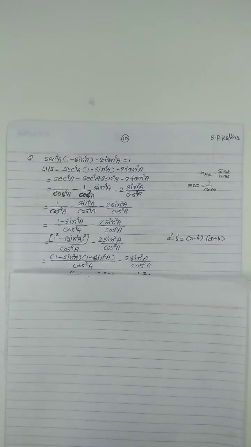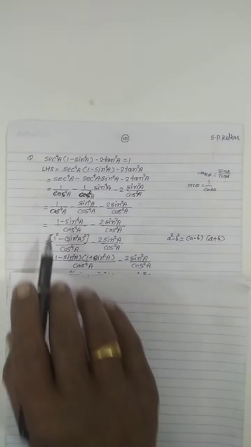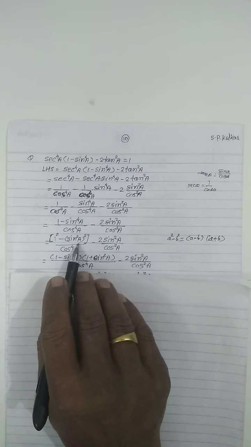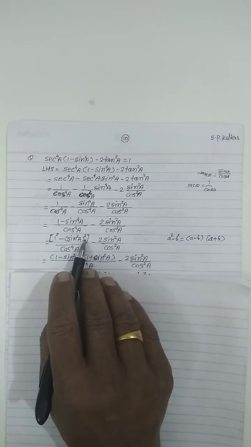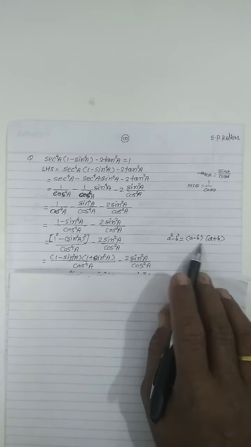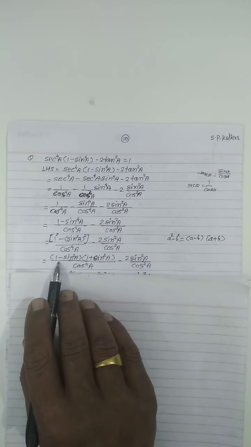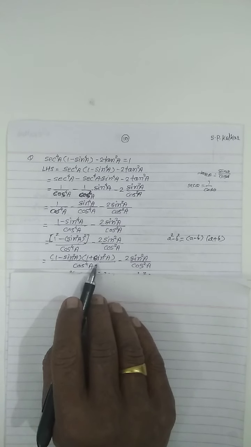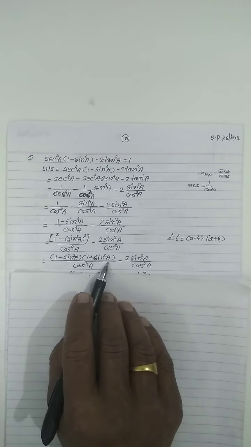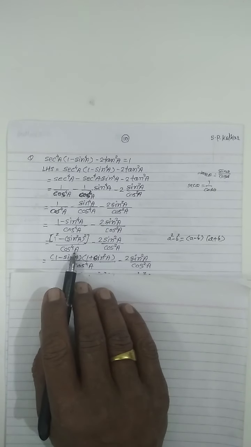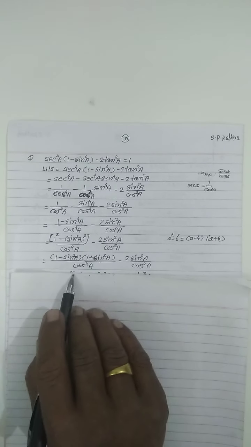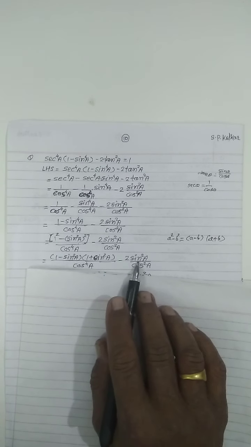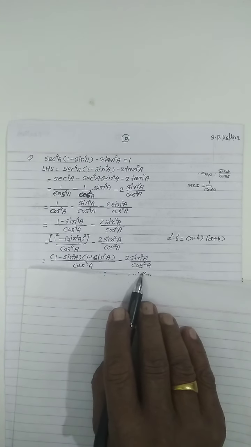So we write this 1 square minus sine square a bracket raised to 2 like this, two brackets. In one bracket 1 minus sine square a, in the second bracket 1 plus sine square a, divided by cos raised to 4a as it is, and these terms are also as it is, minus 2 sine square a upon cos square a.